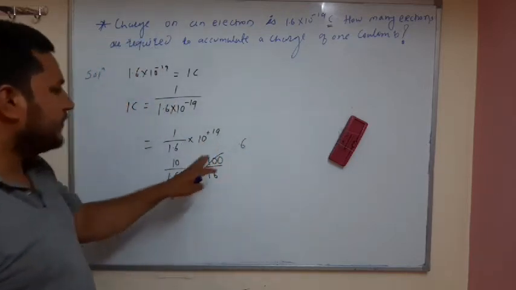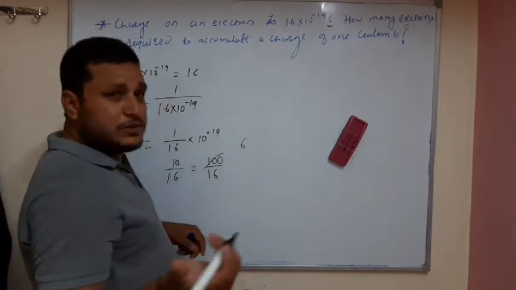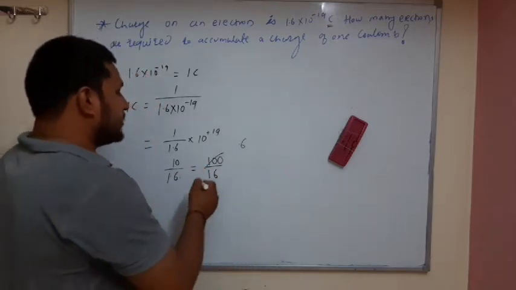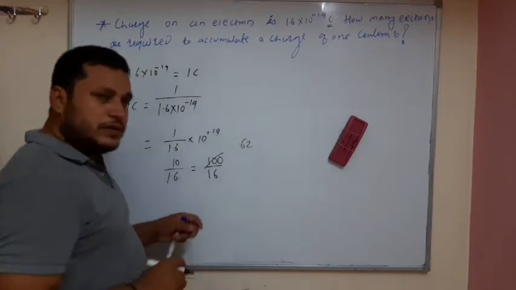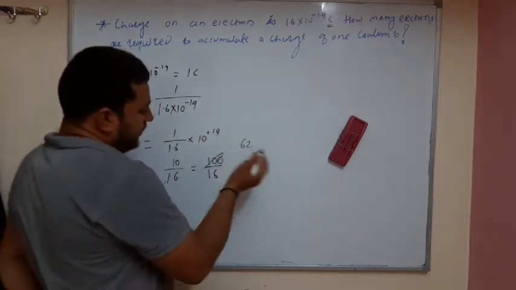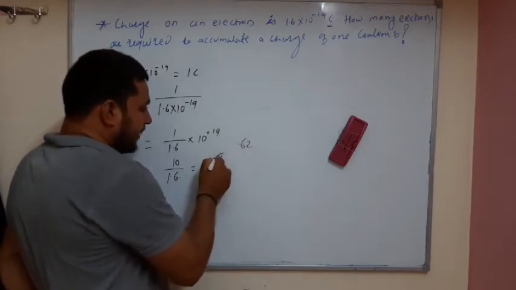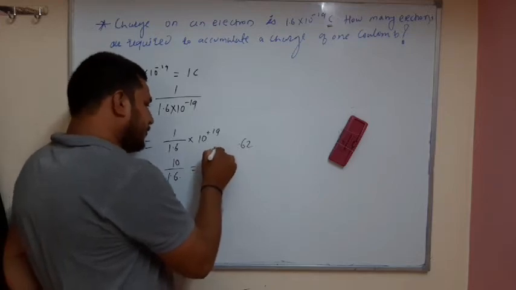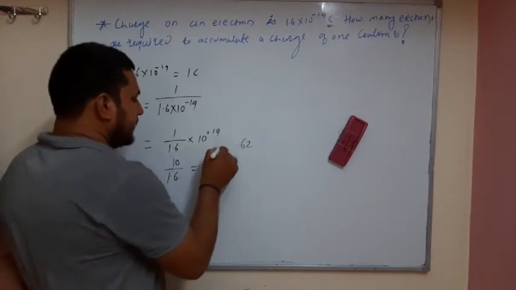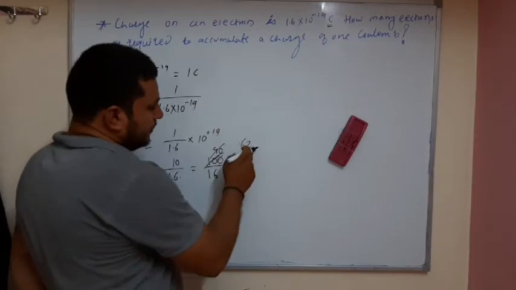Now we have 4 as the remainder. Since we have already placed the point, there is no need to place it again, so it becomes 40. Then 16 times 2 is 32. Now we have 8 as the remainder. So first of all, let's clear: 16 times 6 is 96, so 100 minus 96 is 4. Then 4 is considered as 40, and 16 times 2 is 32.